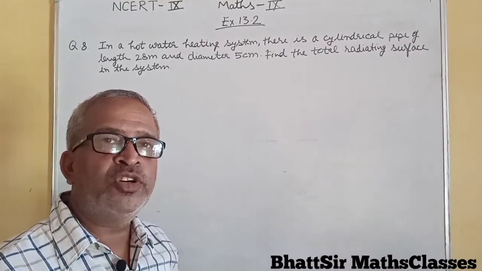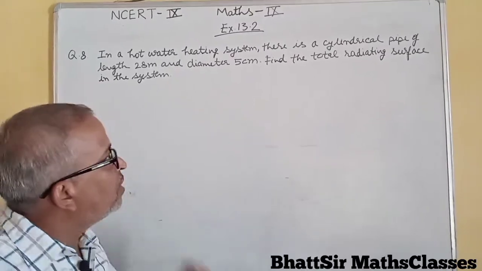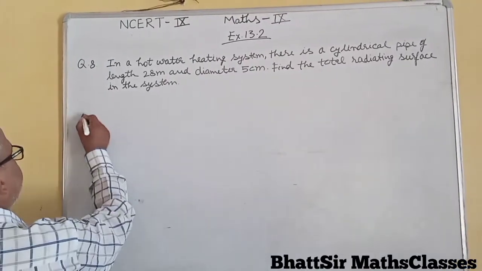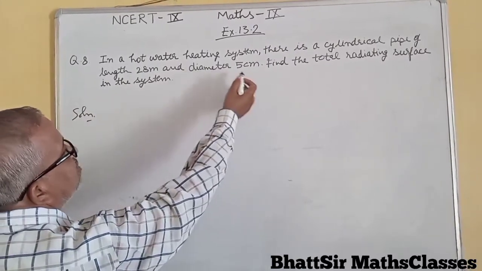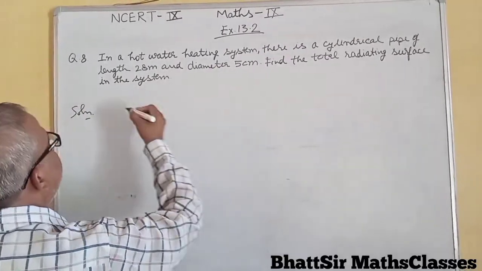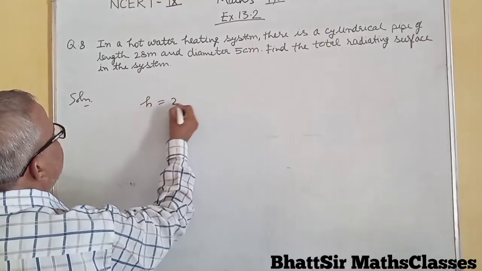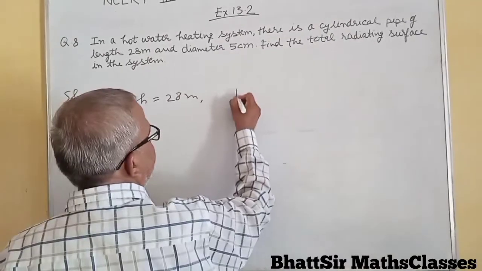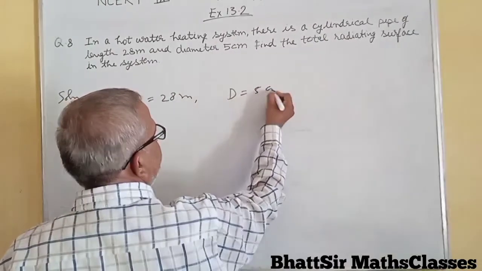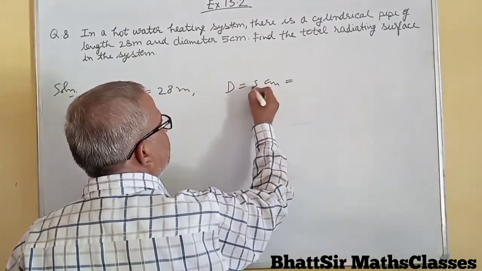Now I am attending question number 8 from exercise 13.2 of 9th standard. So I am giving a solution. In a hot water heating system, there is a cylindrical pipe of length 28 meter. It means height equal to 28 meter and the diameter 5 centimeter. Now you convert centimeter into meter.